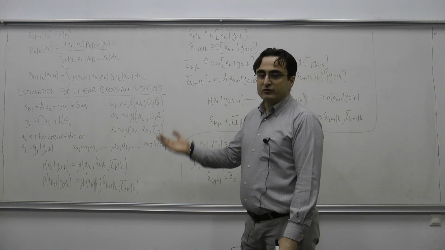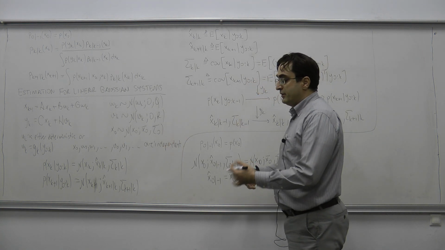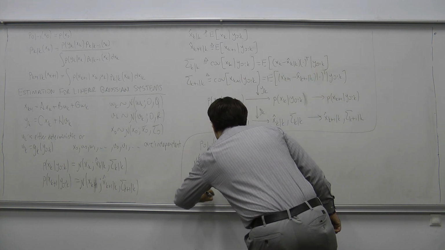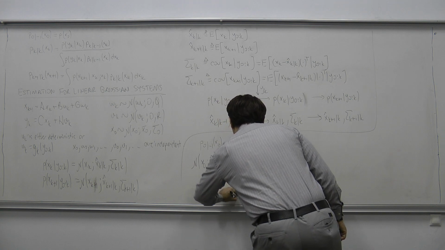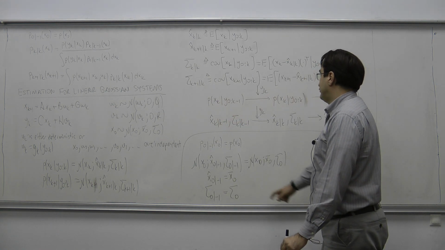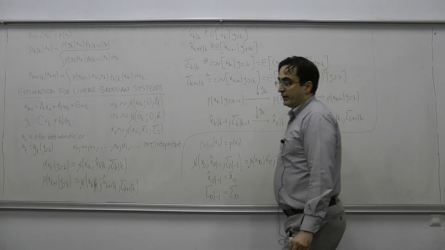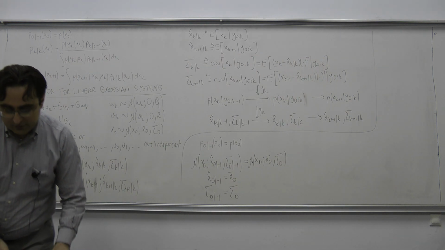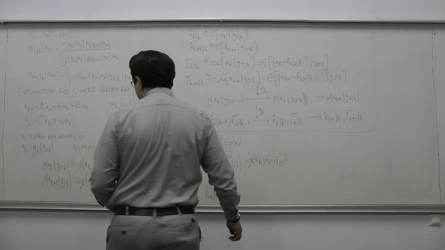Nothing is given. I just look at the mean of x0 when no measurement is given. And finally, sigma 0 given -1 is equal to the initial covariance of the state x0. Okay? So this is my initialization step.